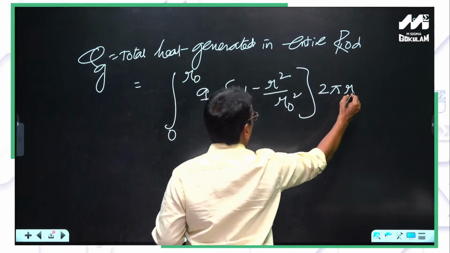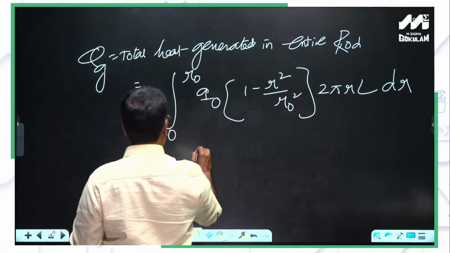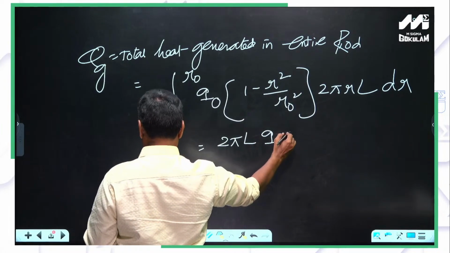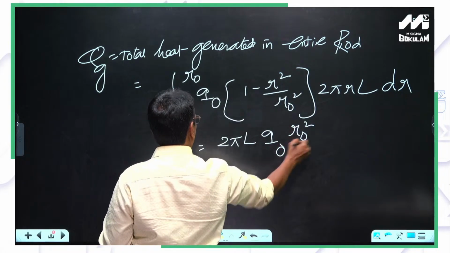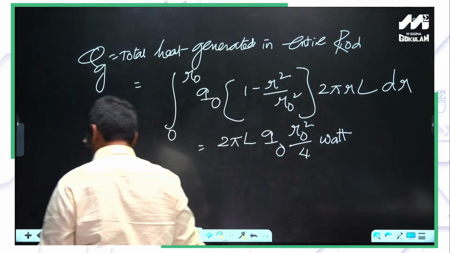After integration you will get 2 pi L Q naught into R naught square by 4. This is the total heat generated, in watts.